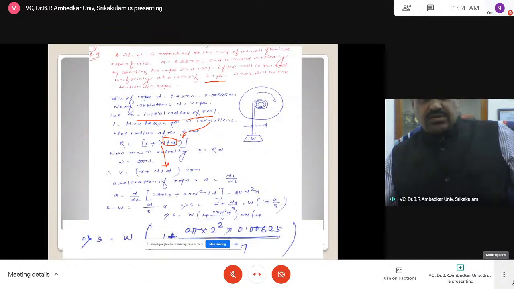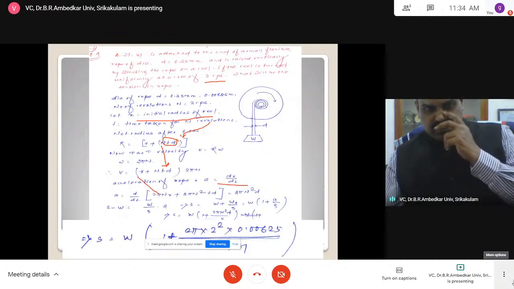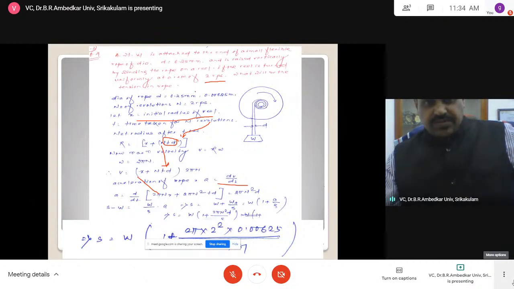Then the acceleration is dv by dt. V is given already. Find out the acceleration, then apply the equations.